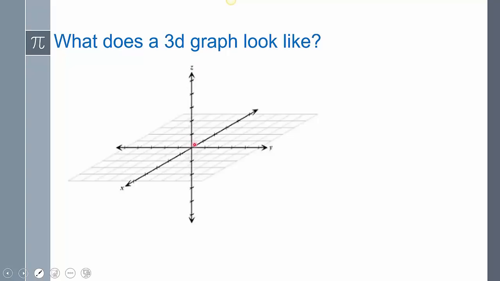Coming out towards you is the x-axis, and going along the horizontal is the y-axis. There are also positives and negatives involved. So this here is the positive z-axis, positive y-axis, and then positive x-axis.